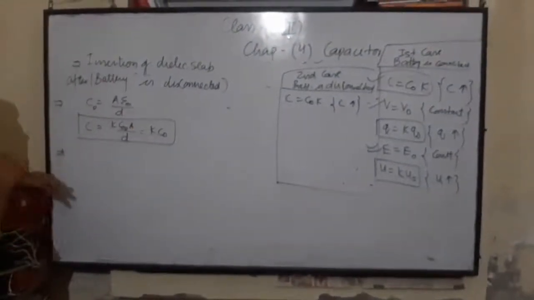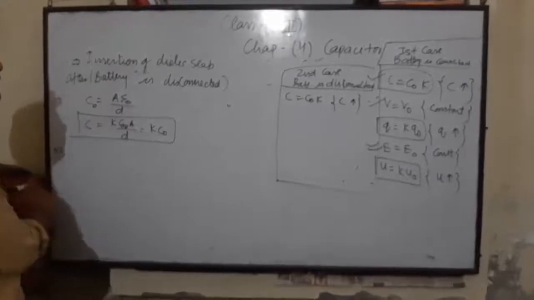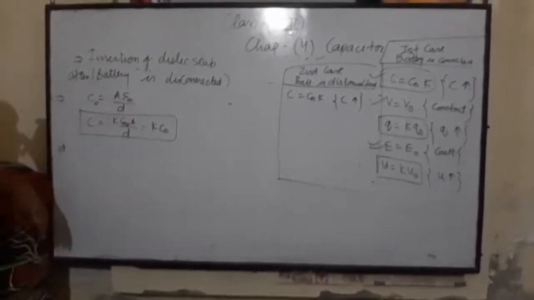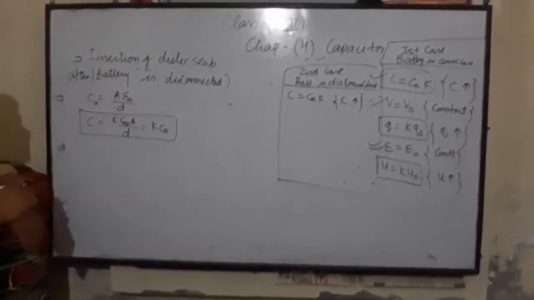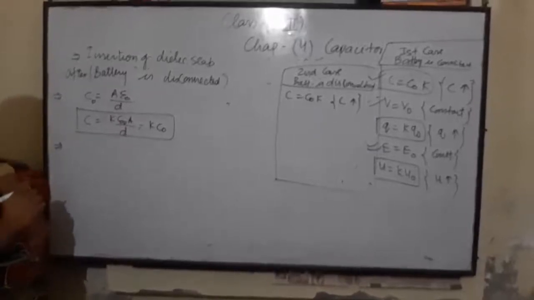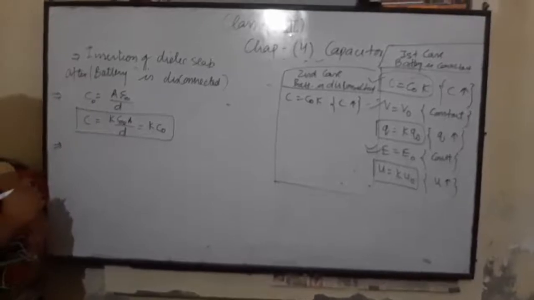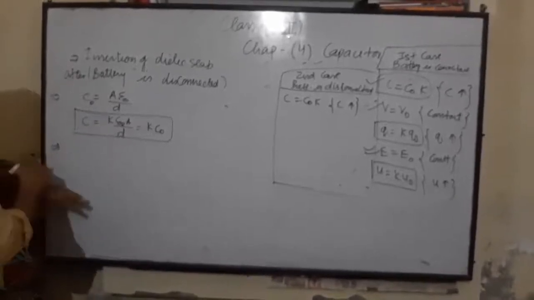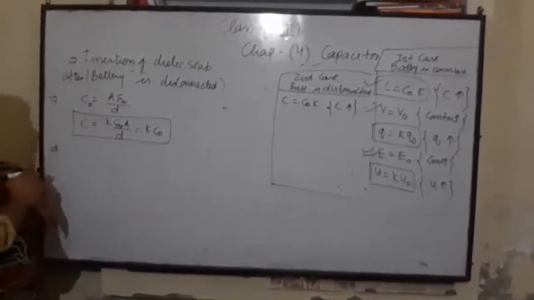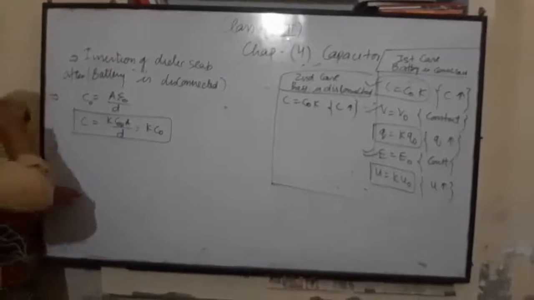Now the second parameter is V. The source of potential difference was the battery, which is disconnected.